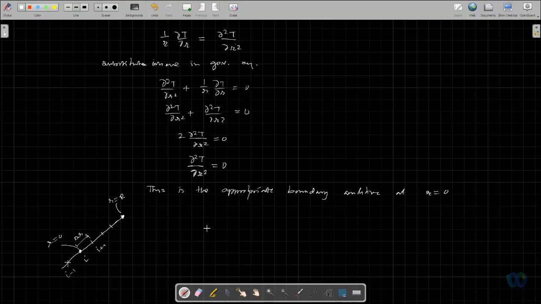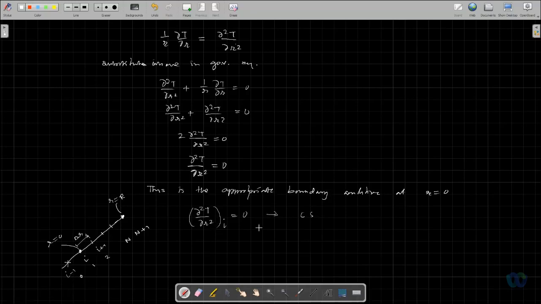Okay. Now I want to discretize this. So del 2t del r2 has to be discretized at i. i is now a boundary point, i is equal to 0. And if you are starting with 1, 2 like that, this is 1, this is 2, and this is n plus 1, and this is n. And so this becomes 0. Okay. For del 2t del r2, which method will you use?